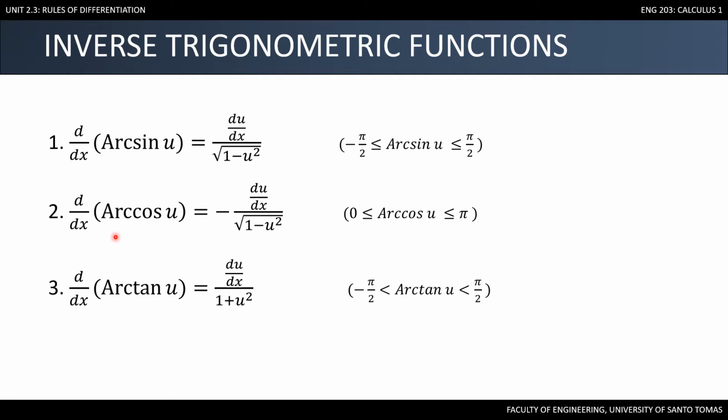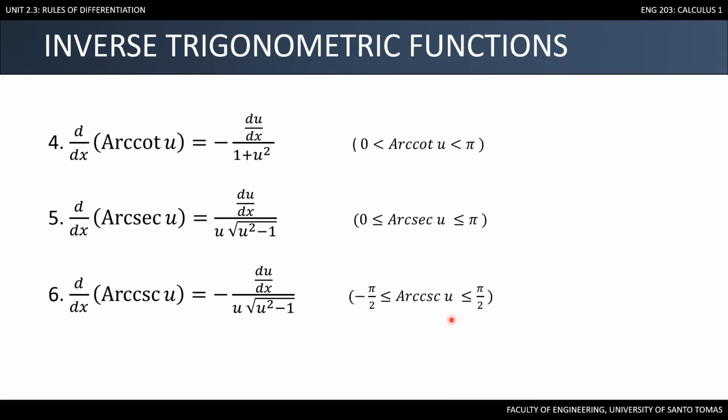Next, d over dx of arc cosine u is equal to negative du over dx over square root of 1 minus u squared, where arc cosine u is greater than or equal to 0, but less than or equal to pi. The third formula is d over dx of arc tan of u, which is equal to du over dx over 1 plus u squared, where arc tan of u is greater than negative pi over 2, but less than pi over 2.